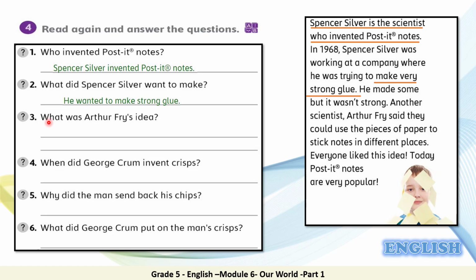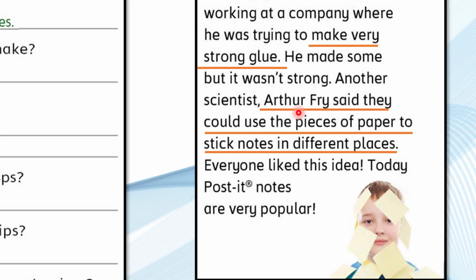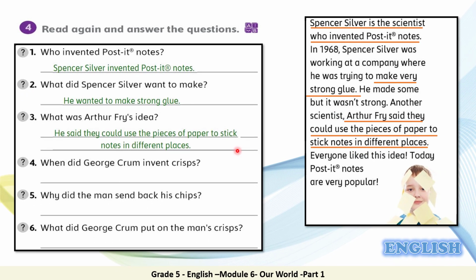Number 3. What was Arthur Fry's idea? Read this. Arthur Fry said they could use the pieces of paper to stick notes in different places. So that was his idea. So we write it here. Number 4. When did George Crumb invent crisps? Crisps?